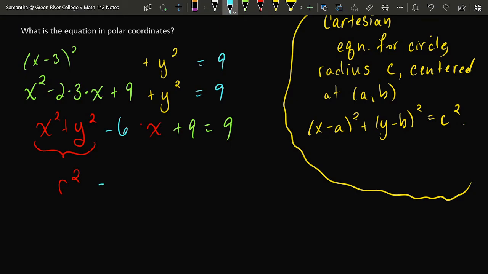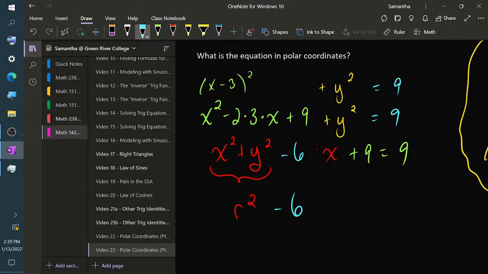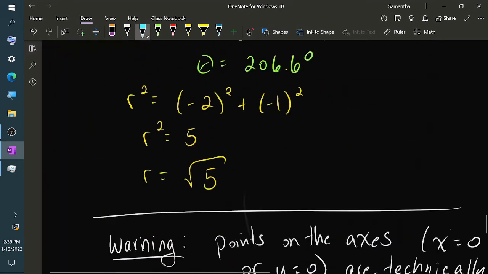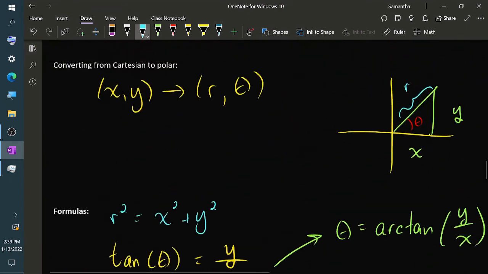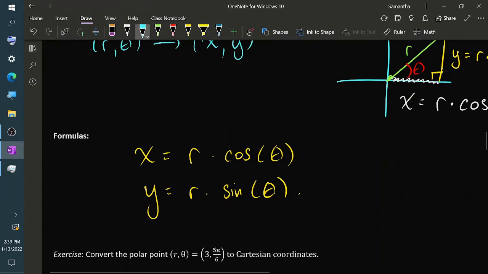Now how would I convert x by itself back into polar coordinates? To convert x by itself, I can use the formula from yesterday that said that the relationship between x and r and theta could be given by the formula x equals r times cosine of theta.